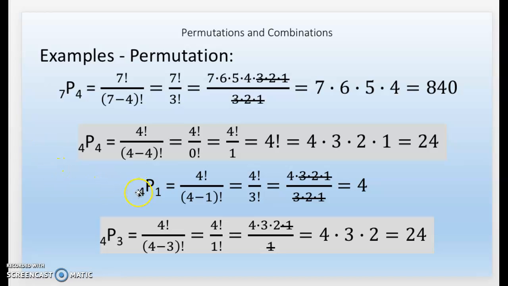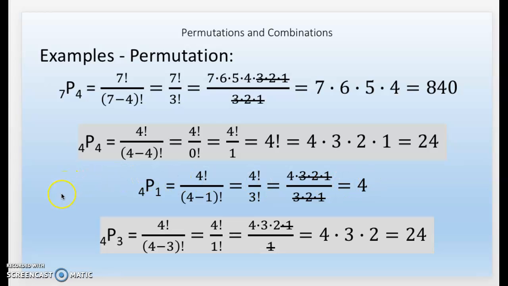But the next one down, from 4, arrange 1. There are only 4 in the set, so you just pick 1 each time. You end up with 4. There are 4 ways to pick 1 from 4, or to arrange 1. There is no real arrangement because you're only taking 1.